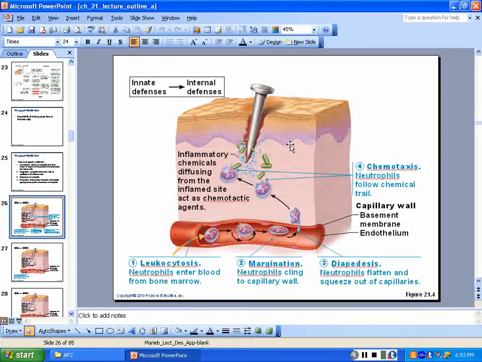A little bit. What does that mean? You know the term, I think. Maybe not. Thought I gave it to you. Just an increase in white blood cells. That's all. You get more white blood cells. Why would you want more white blood cells? Because you're in danger of things getting into your body through the broken barrier.